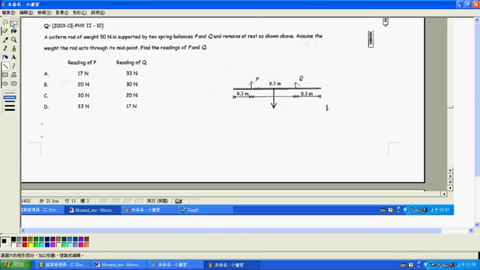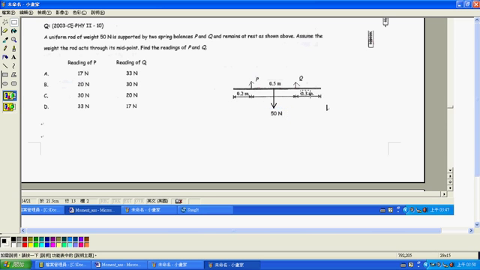Which should act at the center. The whole length is 1 meter, isn't it? So the weight acts at a point which is equal distance from the two ends. From the weight to this end, the length is 0.5 meters.